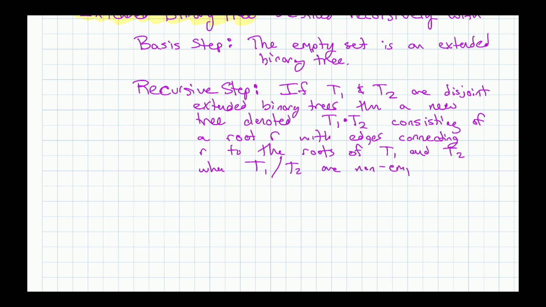So you can't add an edge to the root if there is no root because it's an empty graph.